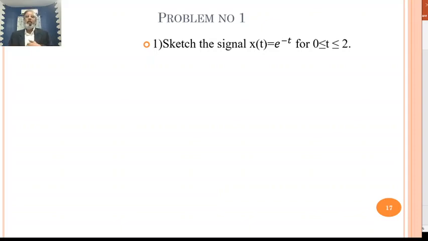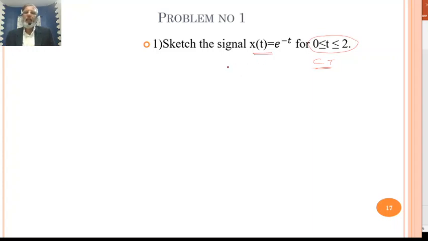Now here we will sketch the signal for this particular interval 0 to 2, and the discrete time signal. This example will make clear the difference between the discrete time signal and the continuous time signal.